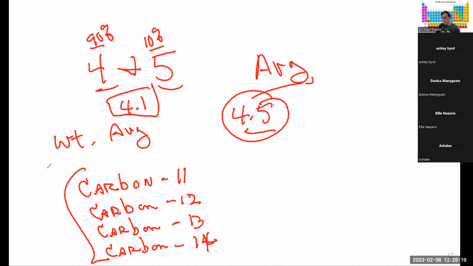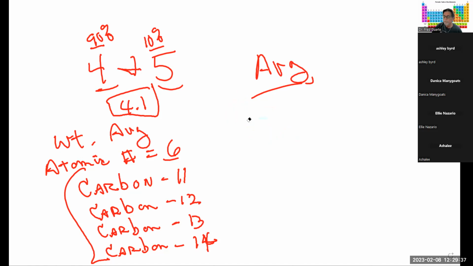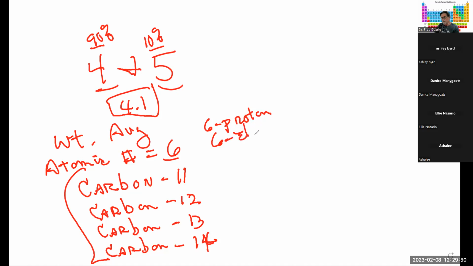And so the atomic number for carbon is always 6. And that being the case, that tells us that we have 6 protons and 6 electrons, okay?